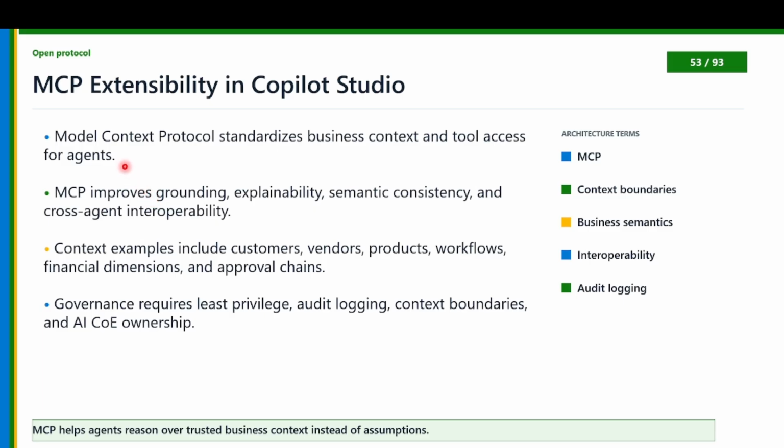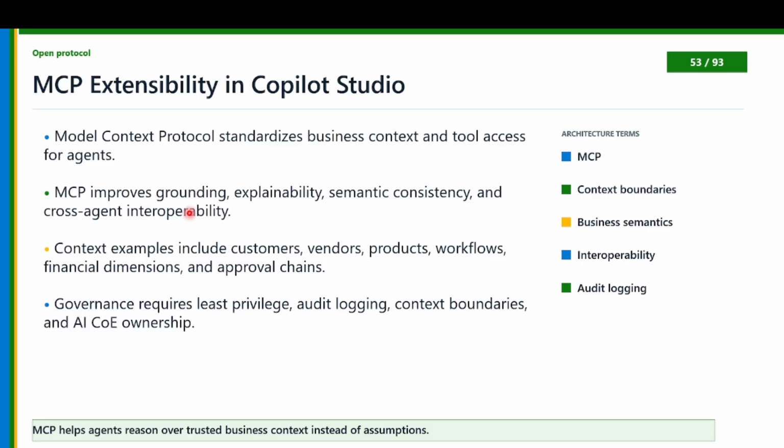So what do we have under our MCP extensibility? MCP extensibility in Copilot Studio is just using an MCP server to connect agents to external tools, external applications, and external knowledge bases. So MCP, Model Context Protocol, standardizes business context and tool access for agents.